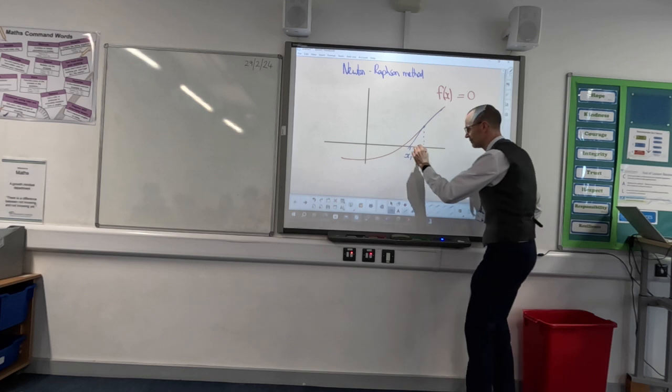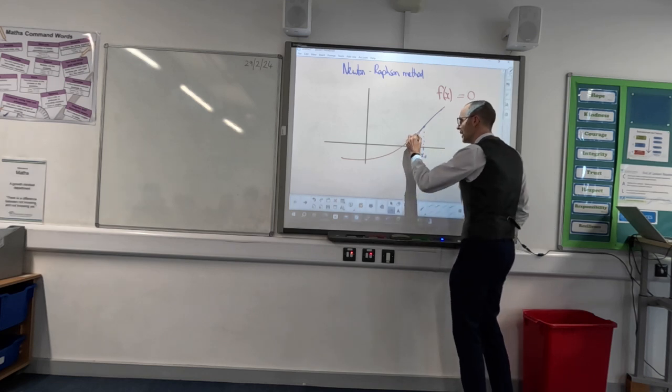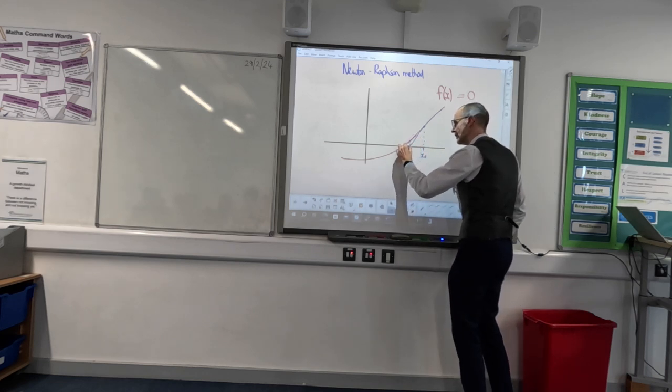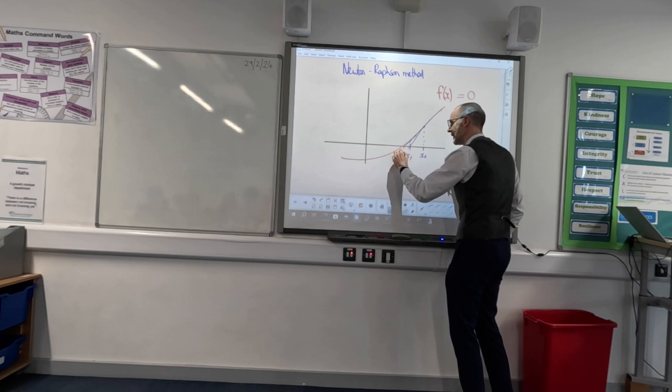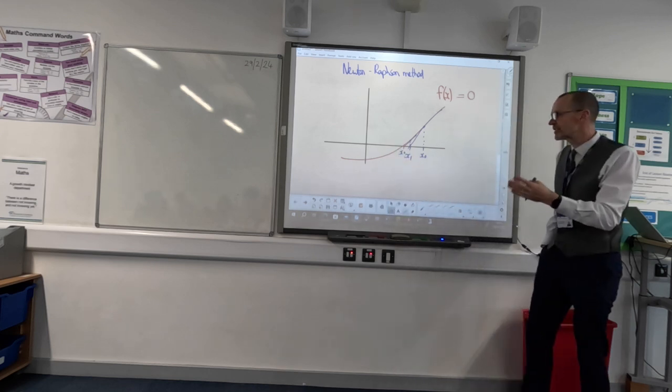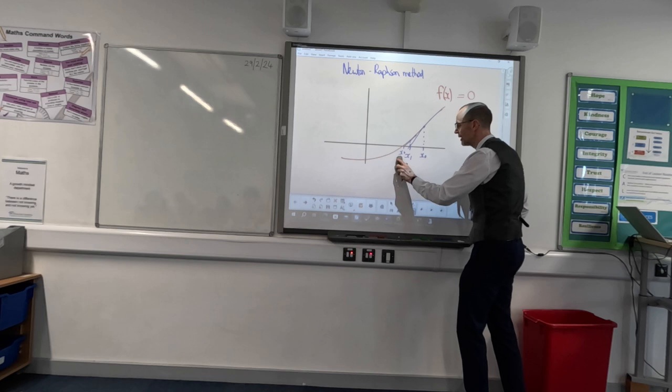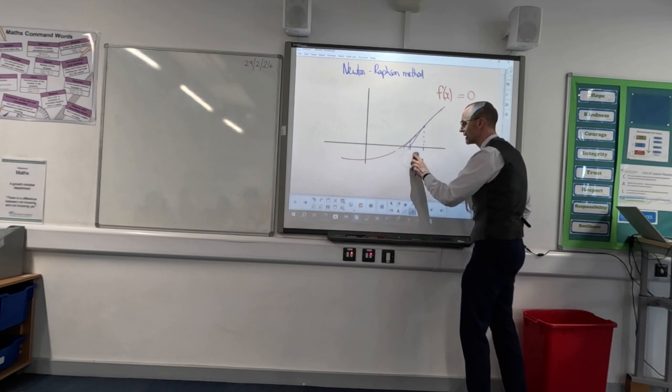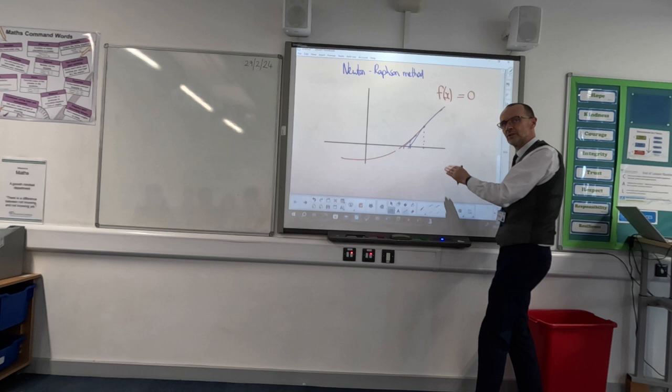And then at that point, draw a tangent to the curve, make that your next point. And hopefully you can see how, before long, in this particular circumstance, you are going to get the root.